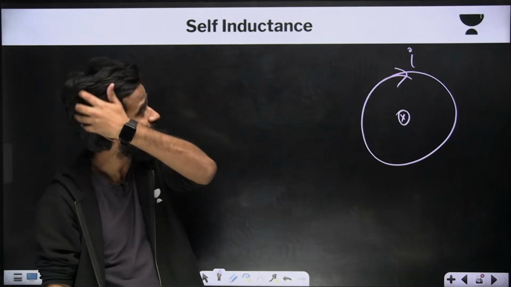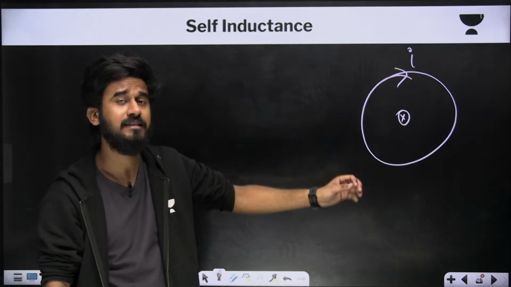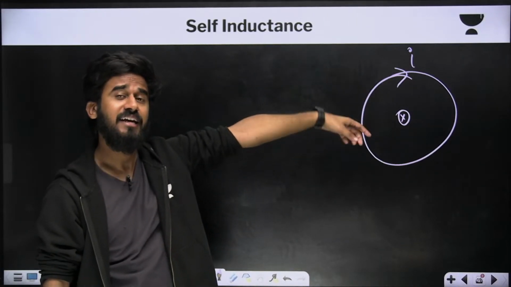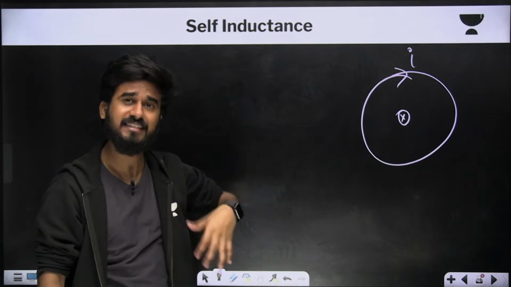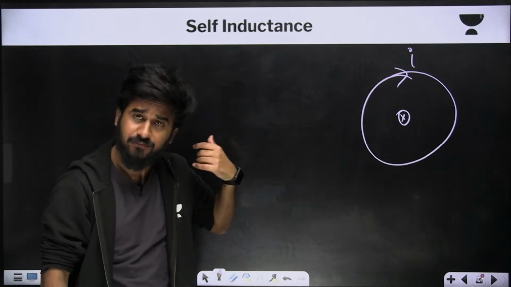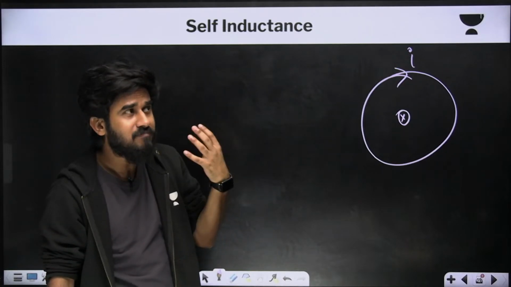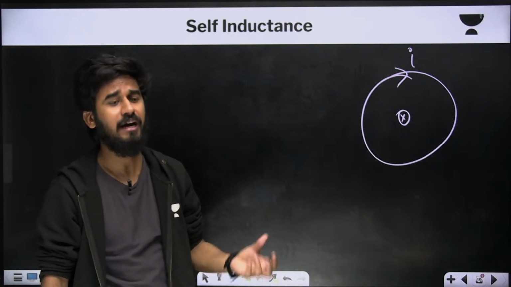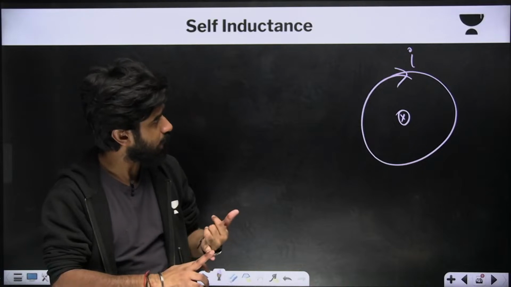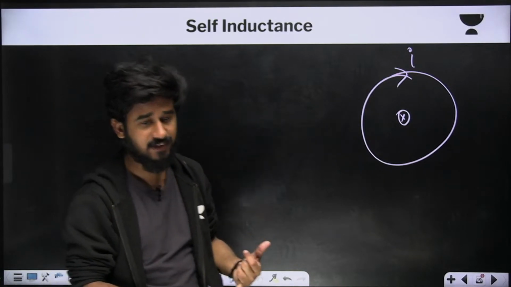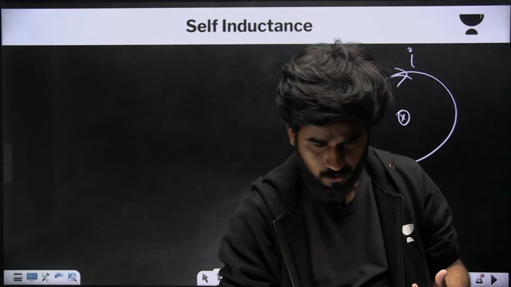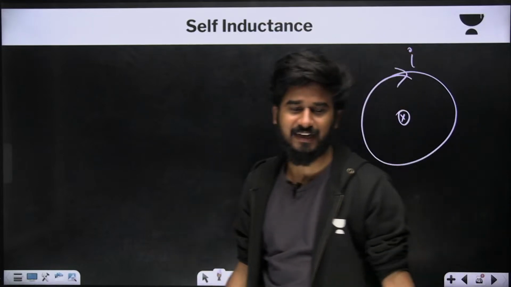But if we change the value of current, it simply means that this magnetic field is also changing. It means the flux through itself is changing. And if the flux through itself is changing, there will be some induced EMF, and because of that induced EMF, there will be some induced current as well. Okay?